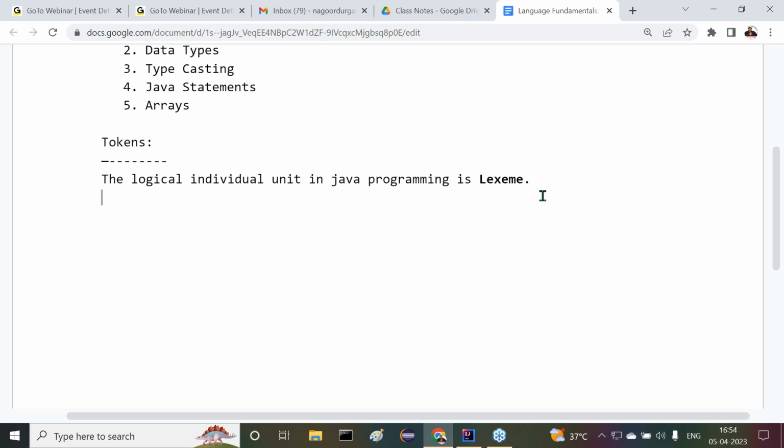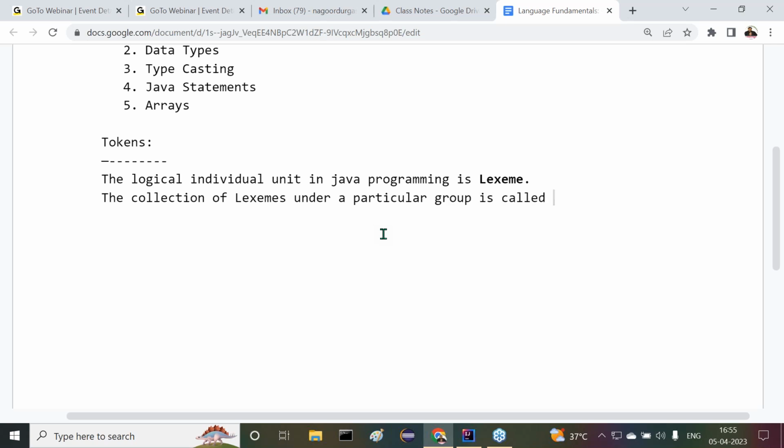After understanding this lexeme, the next one is the collection of lexemes under a particular group.